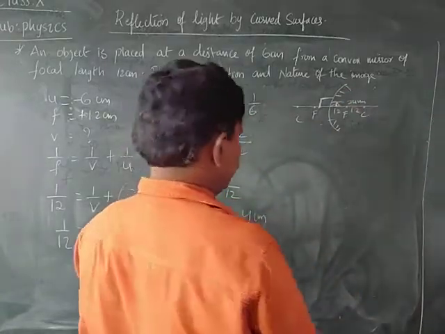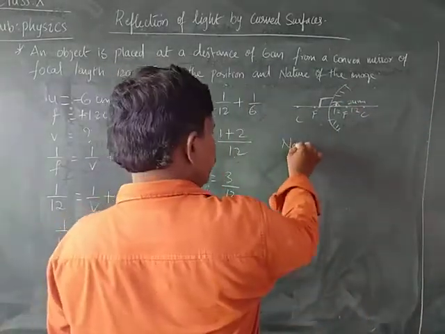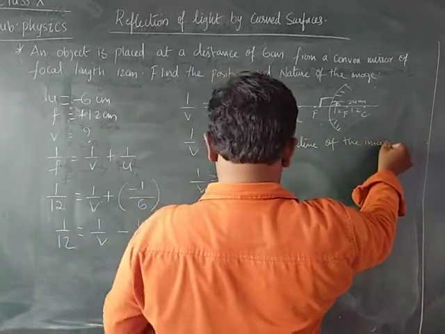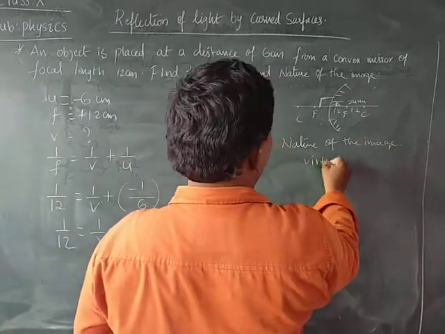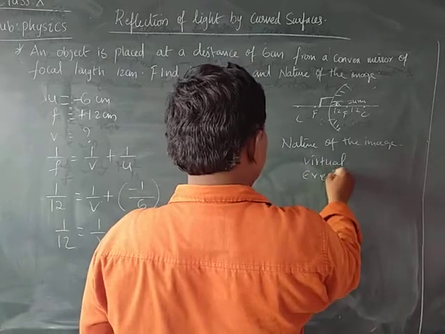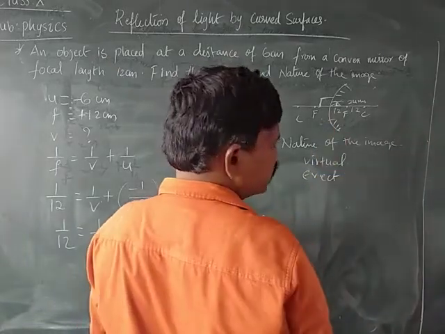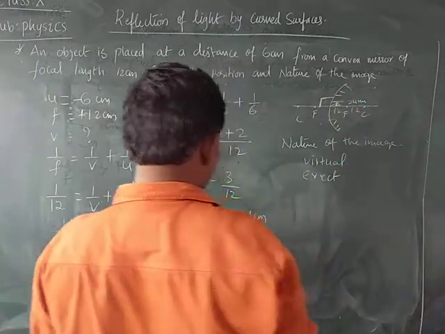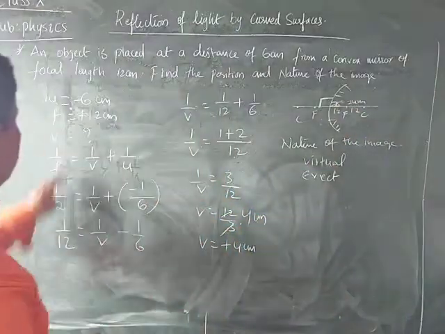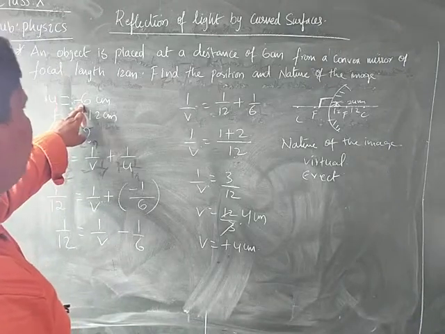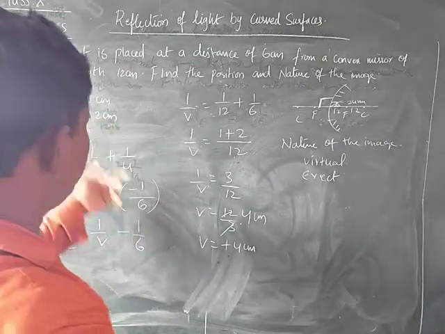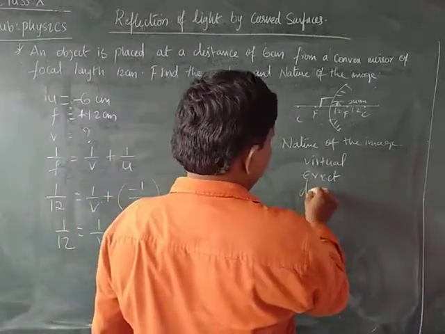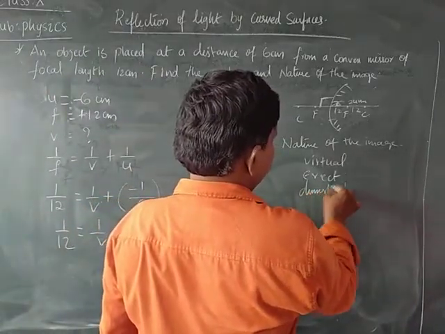Okay. Therefore, the nature of the image, as we are getting plus, is virtual. Virtual means erect. Virtual image, erect image. Okay. Smaller size or bigger size? Diminished or enlarged? We don't know, it is not given here, but normally for a convex mirror we always get a diminished image.